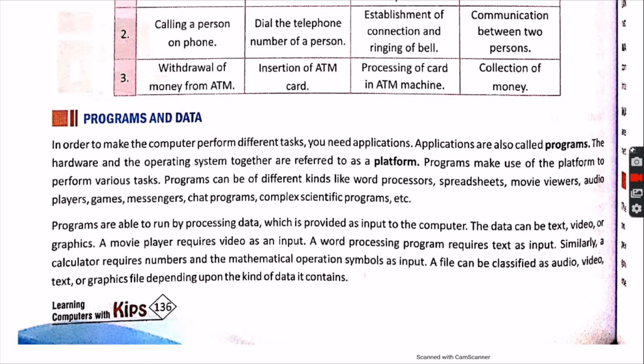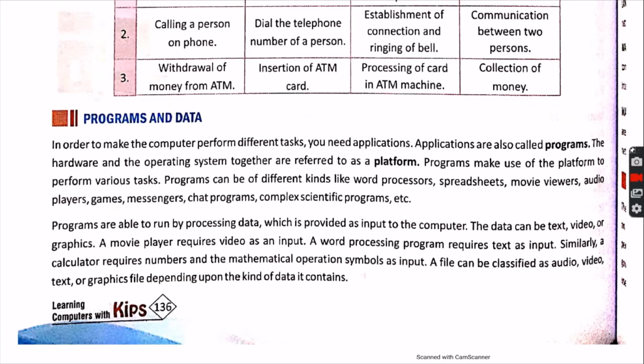In MS Word you can do something with text, graphics, pictures, images, but you cannot play video there. Similarly, when you are using Windows Media Player, you cannot do mathematical operations. You cannot do calculations there, 2 plus 5 or 7 plus 8, like that.